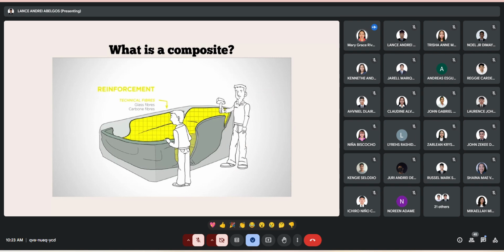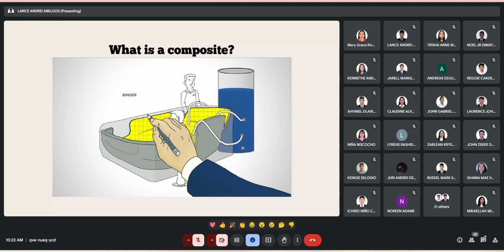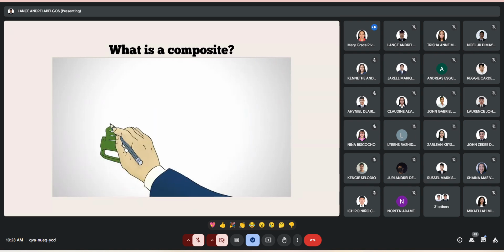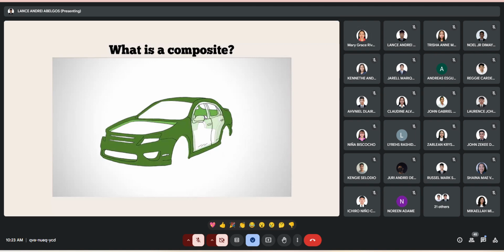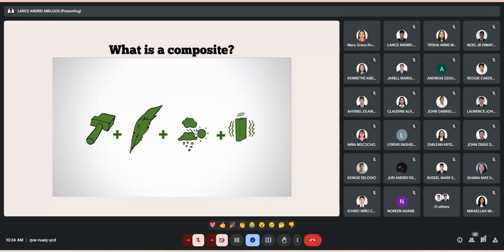This is referred to as reinforcement or fiber reinforcement. The second component is a binder. It can be a plastic or polymer resin. This matrix ensures the cohesion of the structure. The materials thus obtained have properties that the components on their own do not have.